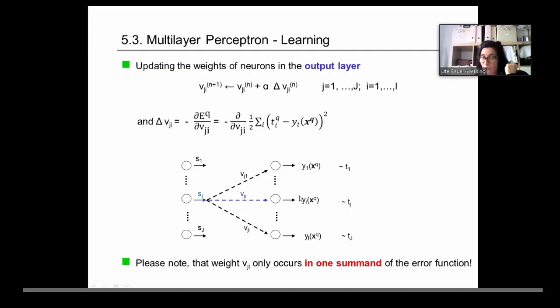Do you see that? I hope this helps a bit to understand why all these other things vanish. We will see what happens when we move on to the hidden layers.